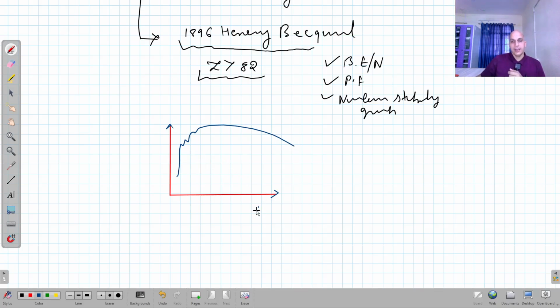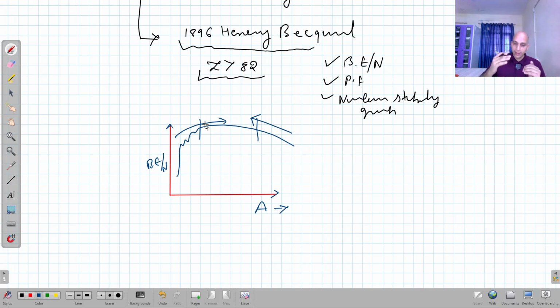Here A is the mass number and this is the binding energy per nucleon. So you can see here that the nuclei of this intermediate range are highly stable. All the nuclei which are on this side want to come here, and those on this side also want to come here. Same is the situation for the packing fraction and nuclear stability graph, right?